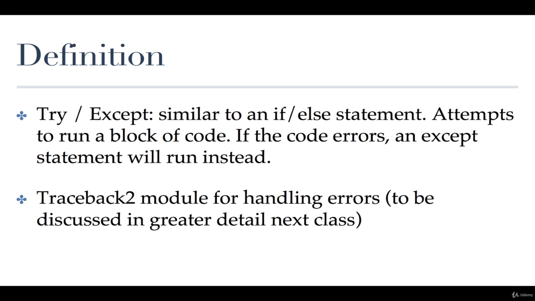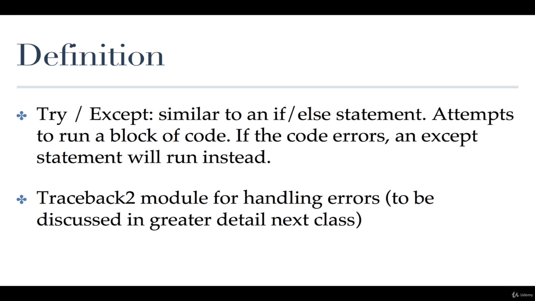But in this case, rather than if and else with logic that actually works in Python, there's likely to be some sort of error within the try part of the statement. And then the except essentially allows you to return or do some kind of response in case that block of code doesn't work.